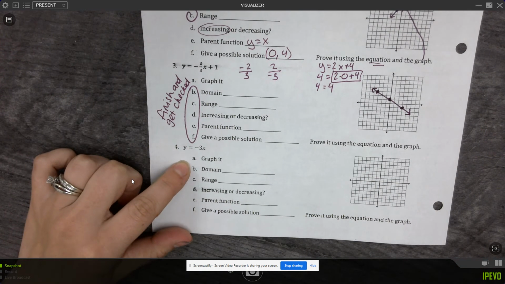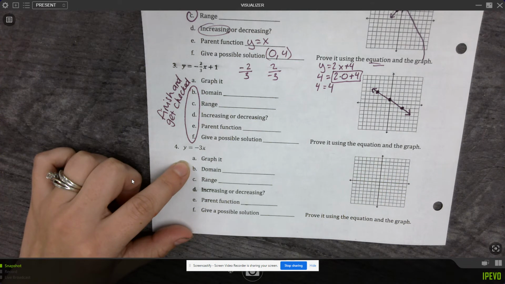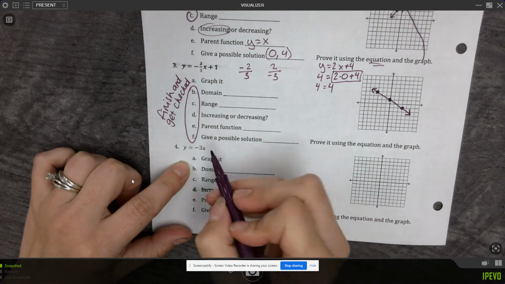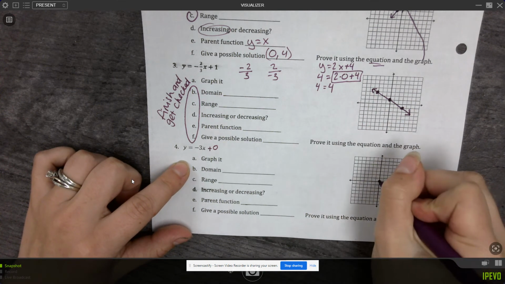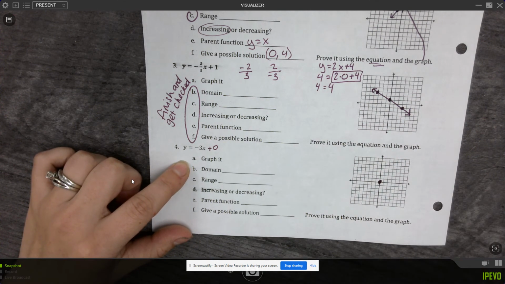Graph it. Start with the y-intercept. What's the y-intercept in this problem? Zero. When there isn't a y-intercept, it's 0. Step 2 is using your slope to make at least 2 more dots.